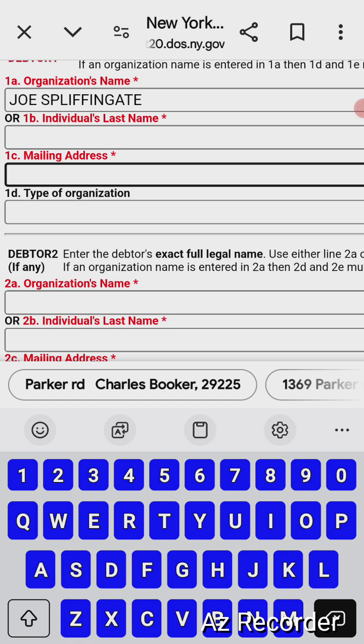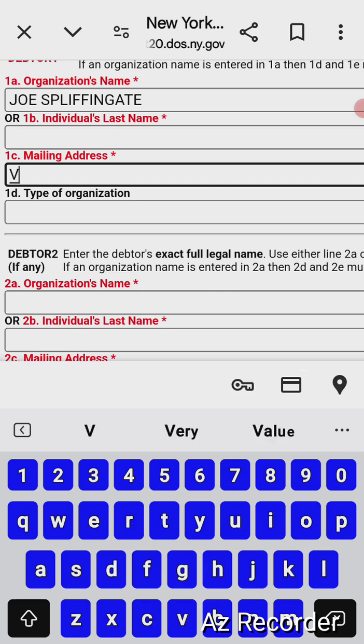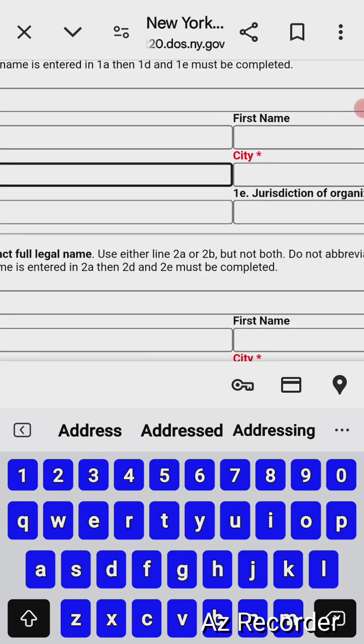So we're going to do vital statistics. Bam. Vital statistics address, we're just going to write that in there. Again, it could be the hospital that you were born at or the Office of Vital Statistics, because those are the two locations that created that birth certificate on behalf of you.